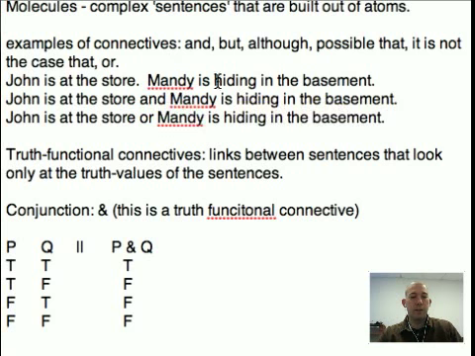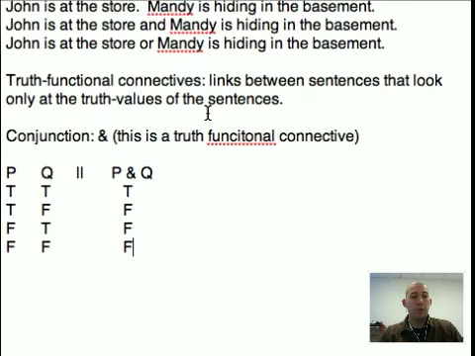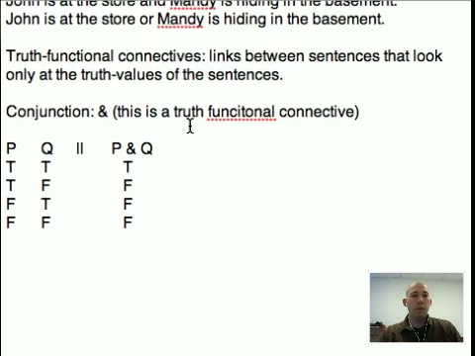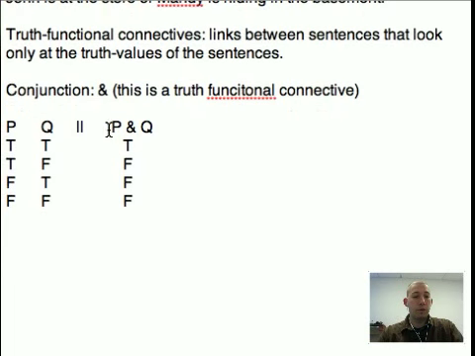The kinds of connectives that we're interested in are the truth functional connectives. These are connectives that look at the atomic sentences, and all they care about are the actual truth values. Here we introduced one such connective, which we've called conjunction. The symbol for conjunction is ampersand, and we've gone over the truth table for conjunction.